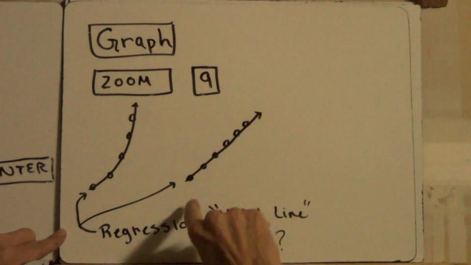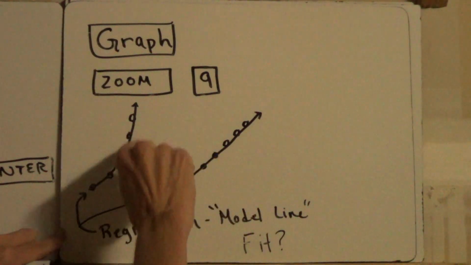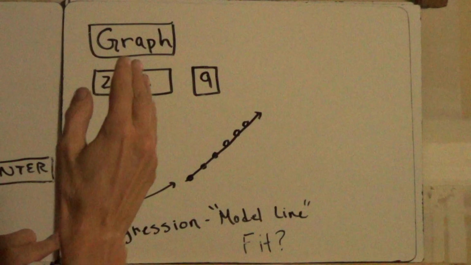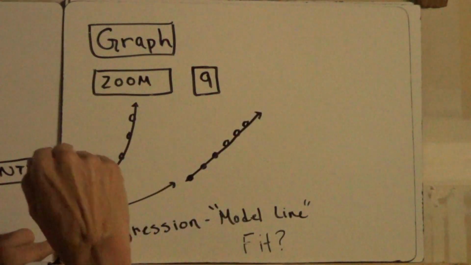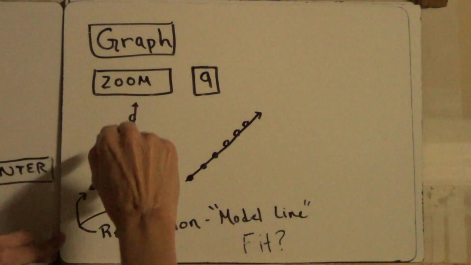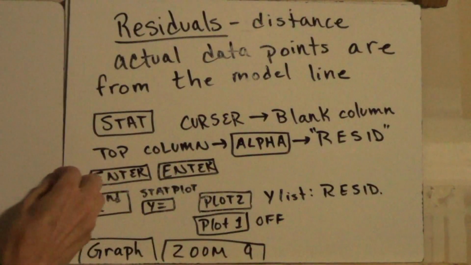The actual line that's drawn is the regression. Now that's what we look at to see, is it best fit? Because the line isn't just going through your points. It's actually based on some calculations to try to get a line of best fit. I want to talk about those calculations now.